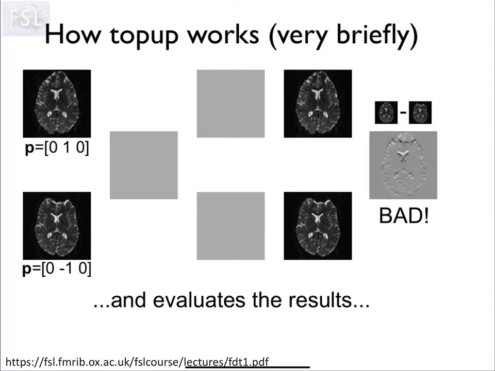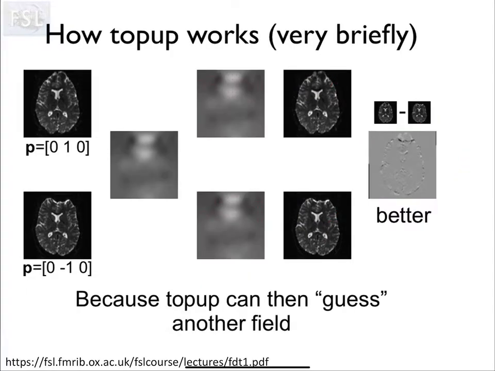So how does topup work? It tries to estimate what the fields are. First of all, it assumes that there's no field problems, and if it looks at the difference between the up and the down directions, and subtracts them, it ends up with a lot of problems, because this image is very different from this image. So it just iterates and comes up with another estimate, and these are more similar, but not quite good enough.